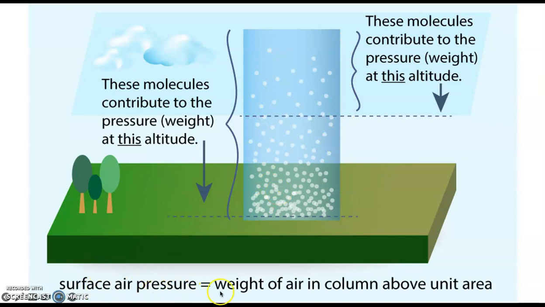So surface air pressure equals the weight of an air column above that unit of area. So the ground is actually holding up the gas molecules that are pushing down on it. And then those gas molecules hold up the gas molecules above it. They hold up the gas molecules above that. Then as you get further and further up, there's less total weight above it, so the air pressure decreases as you go up to higher and higher altitudes.